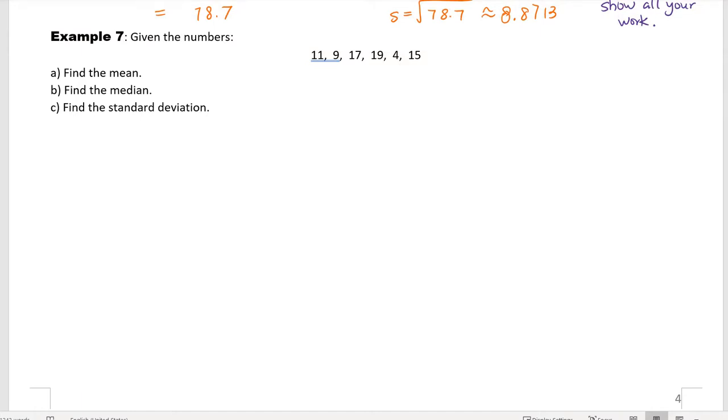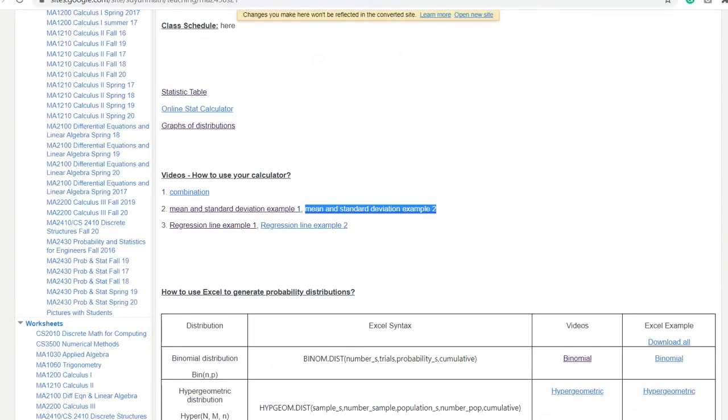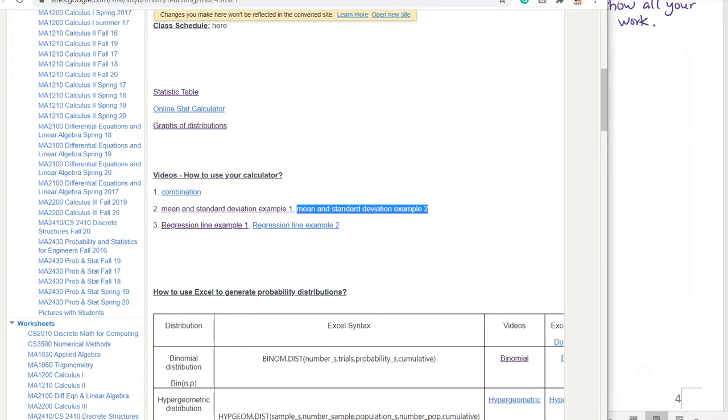So part A, find the mean. So find the mean x bar equals, so we add all the numbers, and then divided by, what is n? We have 6 numbers here. Okay, so let's see. Let me make this smaller.